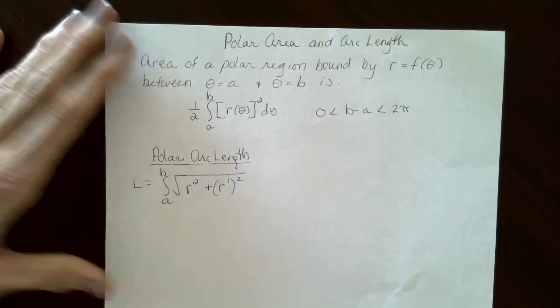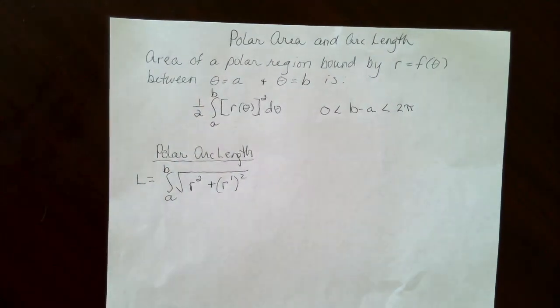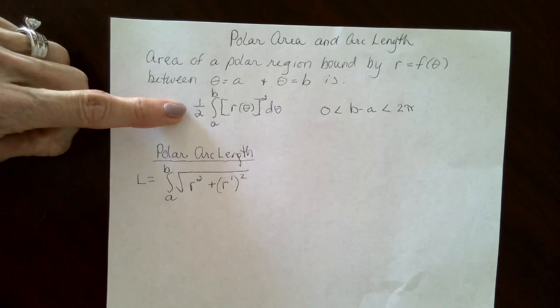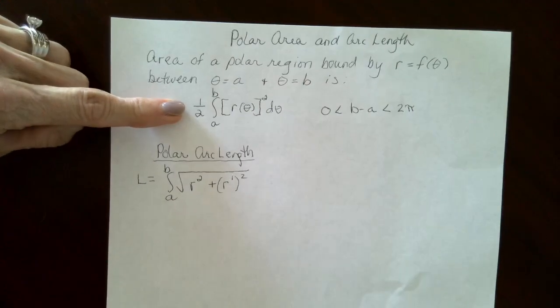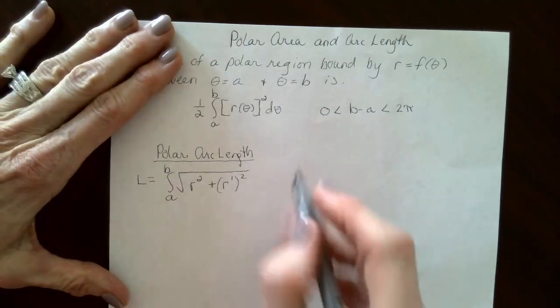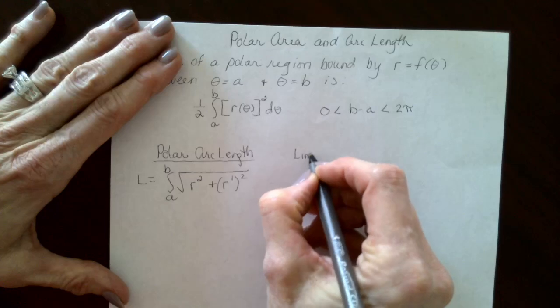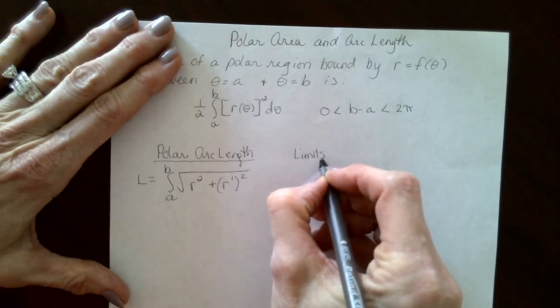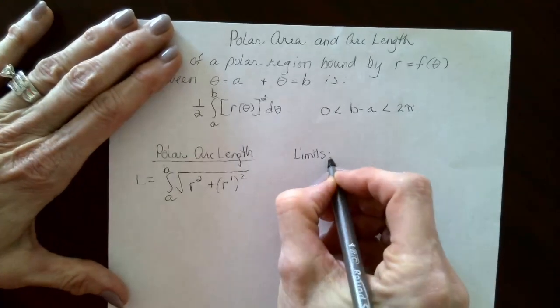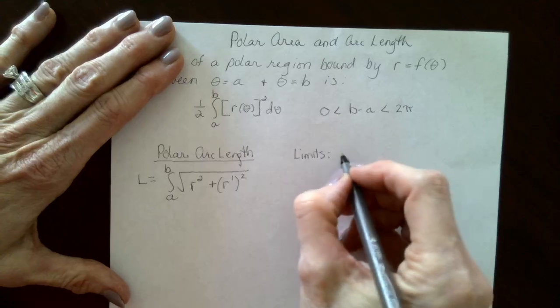Okay, so let's look at this formula. This is what we're going to be working with today. To get those limits of integration, there's several different ways you could get them. So let's talk about your limits. Your limits of integration, they will either be given.